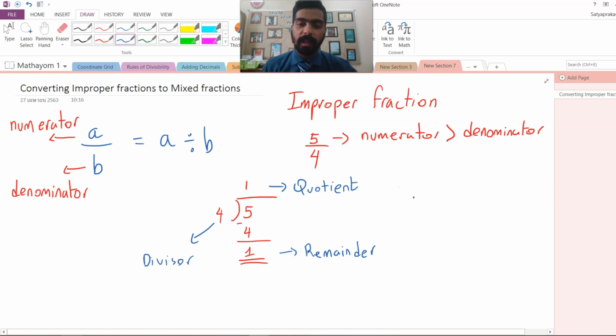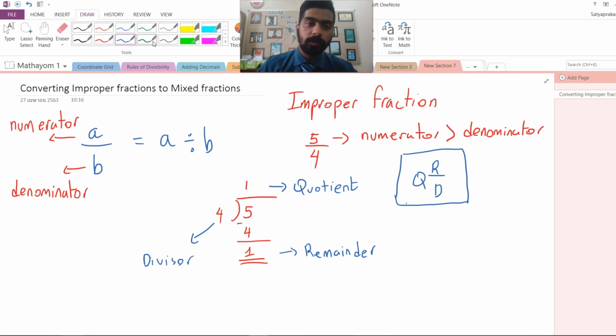So whenever we convert an improper fraction to a mixed fraction, we have the formula Q R over D. Just remember this formula right here, Q R over D.